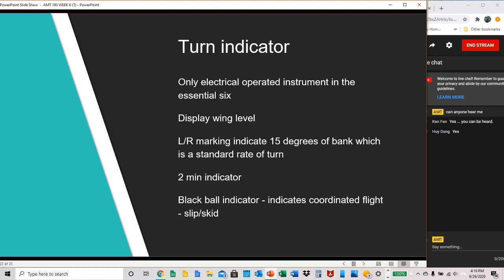And these turn indicators have a black ball indicator. It's a little long oval strip filled with liquid, and this black ball in the center indicates coordinated flight or slip and skid. So when that indicator is in the center, it indicates that you are in coordinated flight.